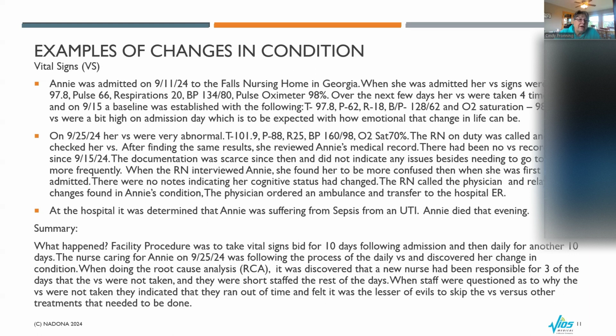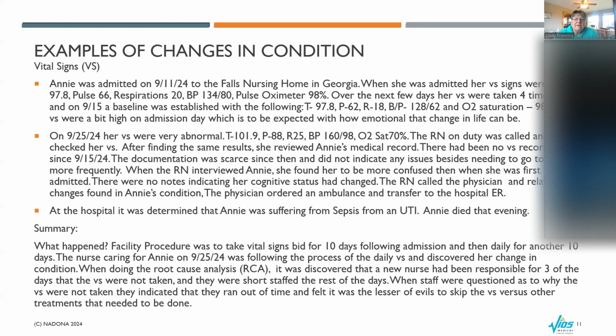We have this first one that had to do with vital signs. Annie came to the Falls Nursing Home in Georgia on 9/11 of 24. When she was admitted, her vital signs were temp 97.8, pulse 66, respirations 20, blood pressure 134/80, oximeter 98%.